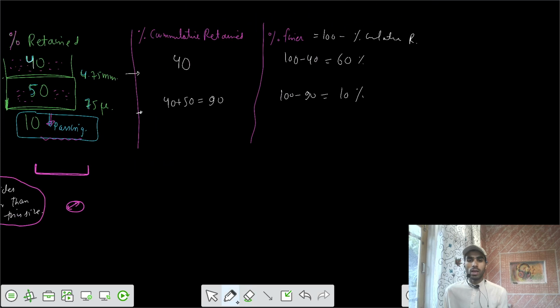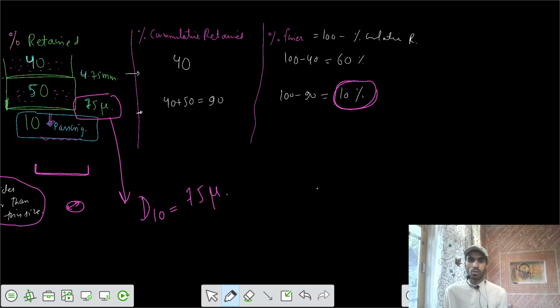So that means if there is a size such that only 10% of particles are finer than this size, this particular size is actually D10. That means only 10% of particles have size less than this value. D10 is actually how much? 75 micron. We can conclude.